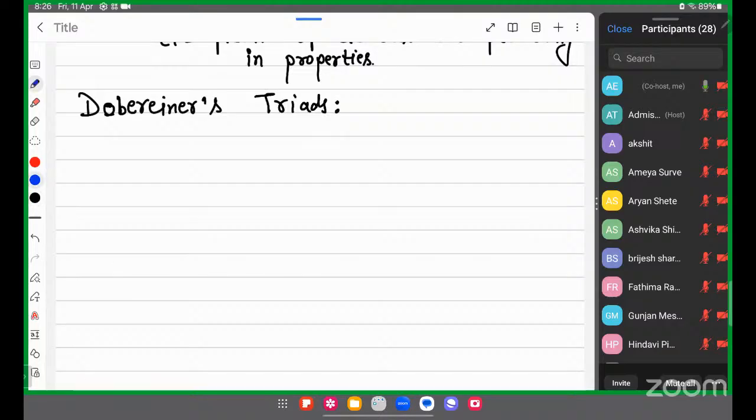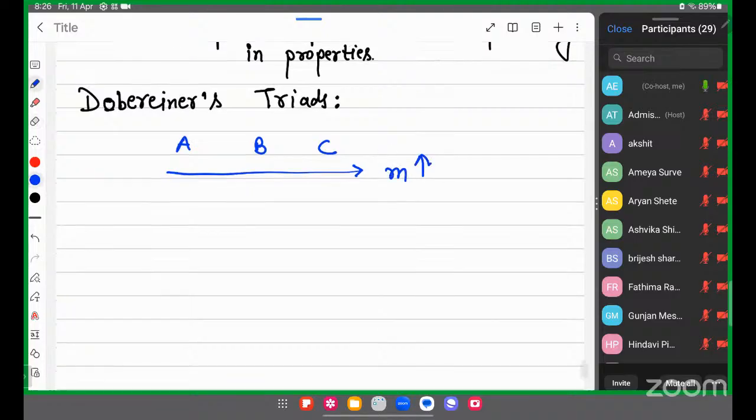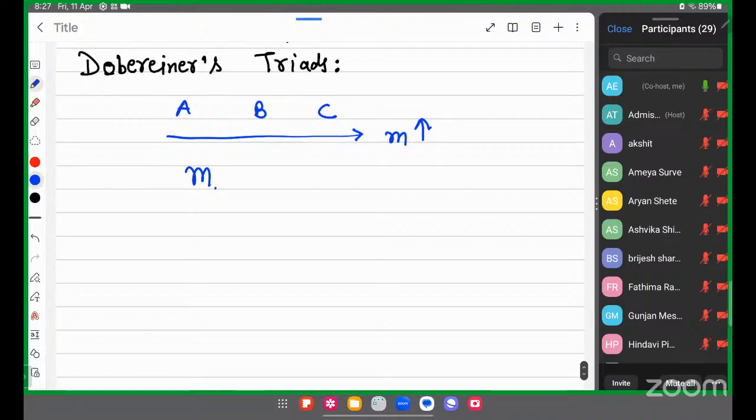Dobereiner's triads. This concept states that if we arrange elements in increasing order of their atomic masses in groups of 3, say element A, element B, and element C, then the mass of the middle element will be the average of the masses of the remaining 2 elements.